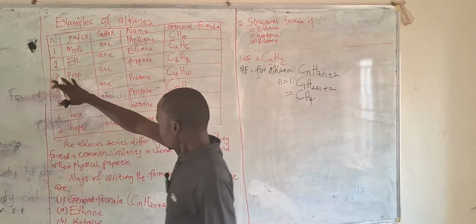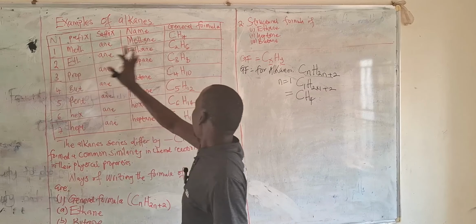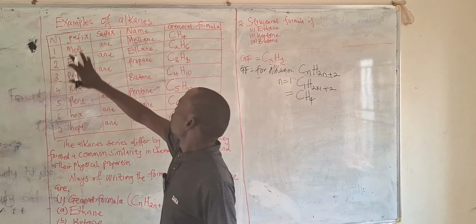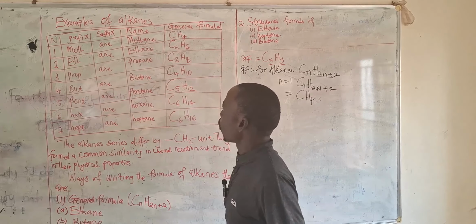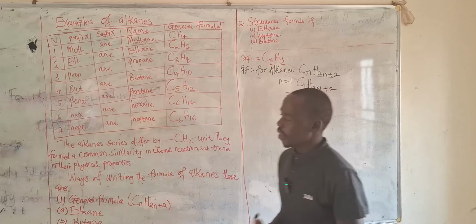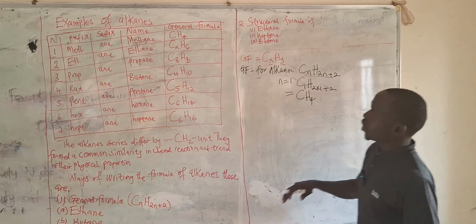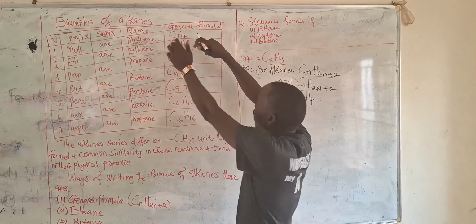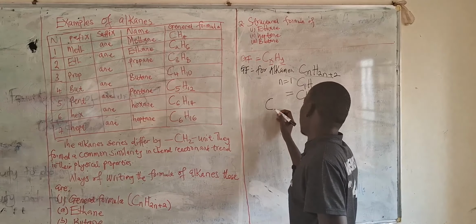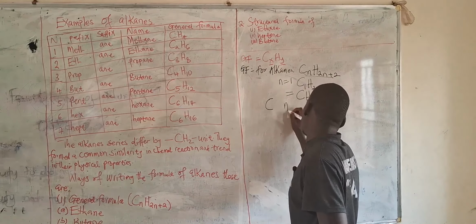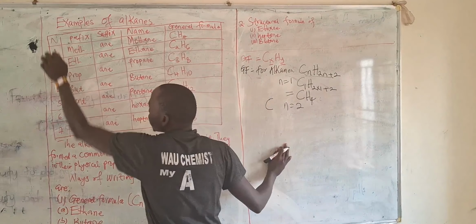Similarly, if we have 2 carbon atoms, the prefix is eth and the suffix becomes ane, so we get the name ethane. For ethane, n is given to be 2.